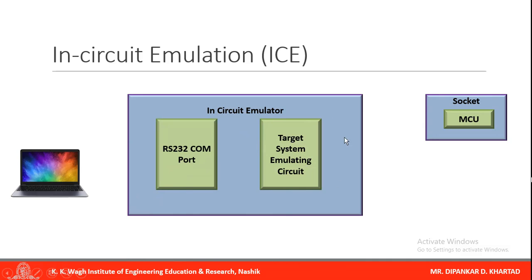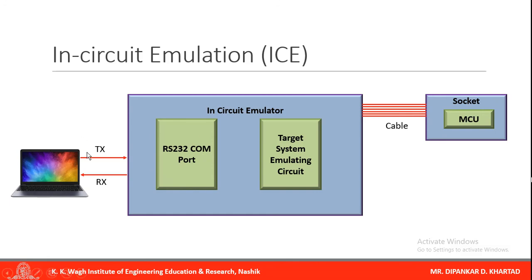So this entire thing is the hardware part. Now our system is connected to the ICE by using TX, RX or RS-232 or USB, and then this socket will have various cables so that we can debug this microcontroller unit by using ICE.